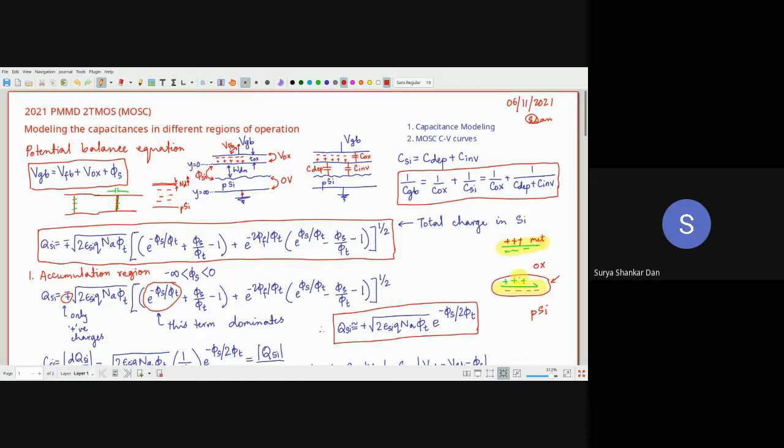It has got nothing to do with the MOS behavior. Now, what are the dipoles? This is the dipole inside the oxide. Dipole essentially simply refers to the charge separation inside the oxide region. But the dipoles do not directly contribute to the MOS capacitor behavior.